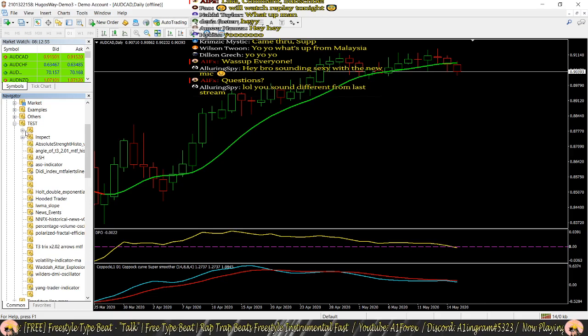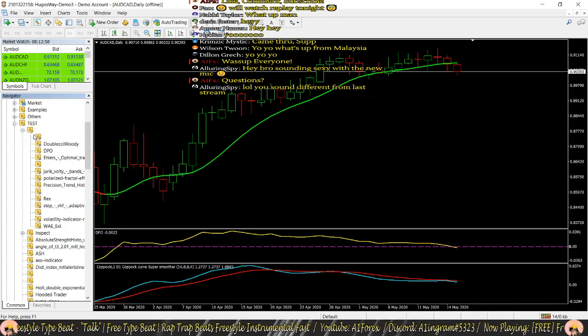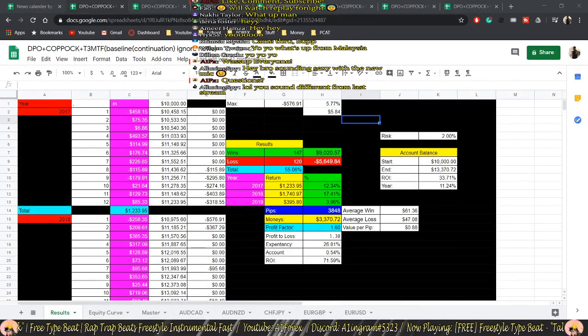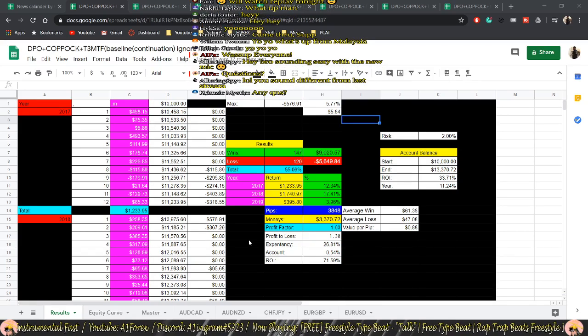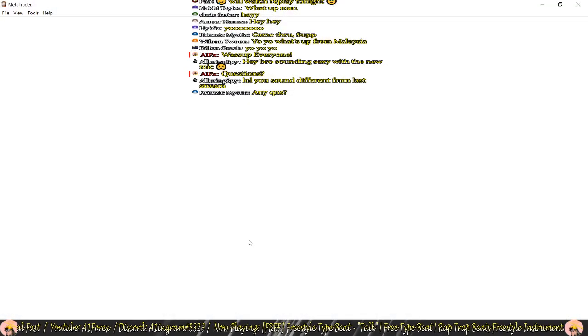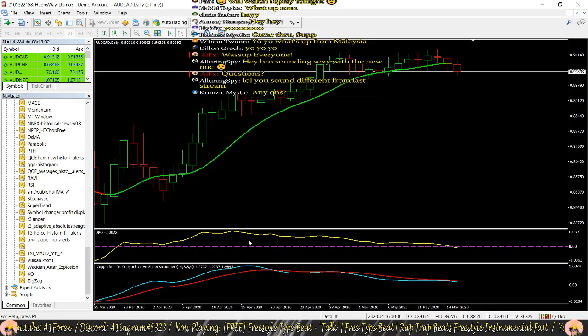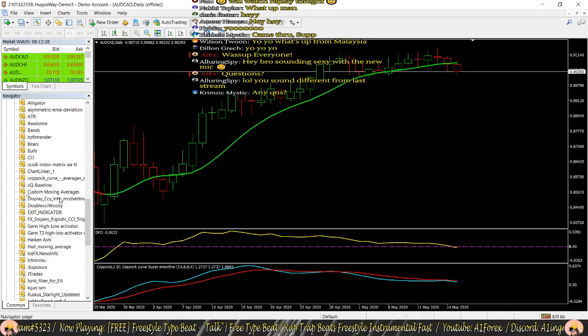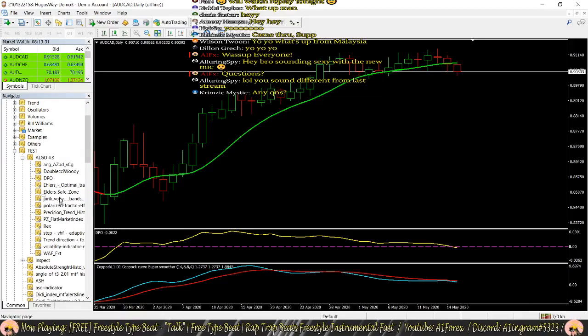Why are some of my indicators not loading? So what is going on with my MT4? Oh, okay, I think we're back in business.